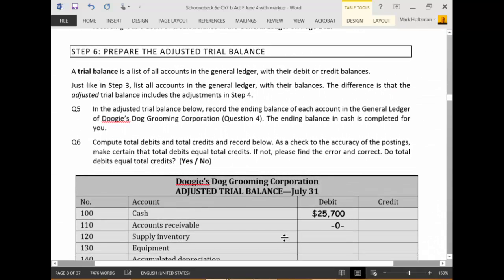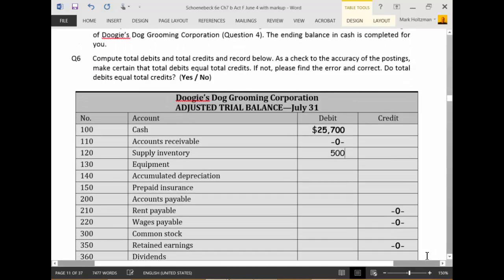The next thing to do now is to prepare an adjusted trial balance. We copy all the numbers from the totals from the general ledger into the adjusted trial balance. This is step 6. So supply inventory, we determine now has a value of $500 in the debits. And fill in each of these.